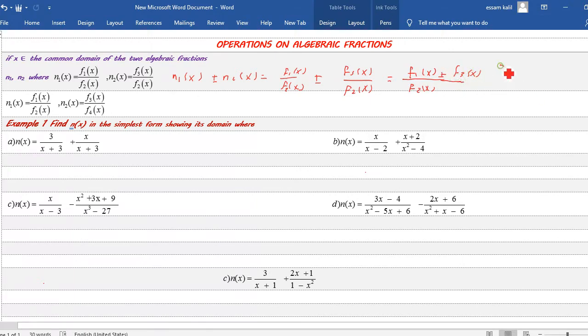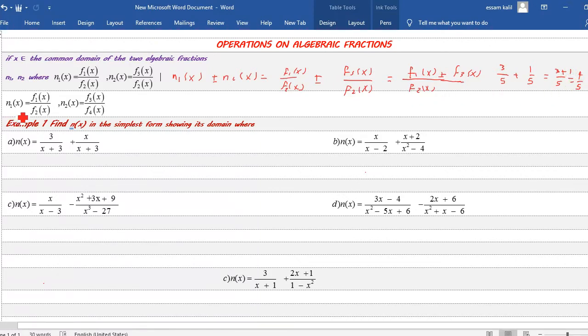For example, 3 over 5 plus 1 over 5 will become, the denominator is the same denominator, and find the sum of the numerators. 3 plus 1 will become 4 over 5.